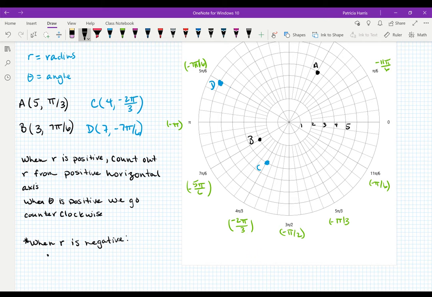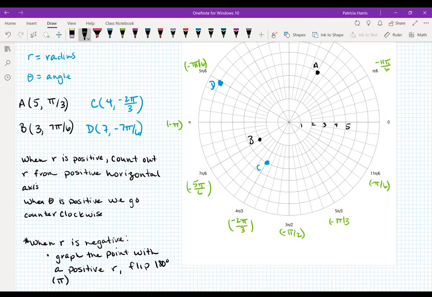The first choice is to graph the point with a positive R, and then flip 180 or pi.